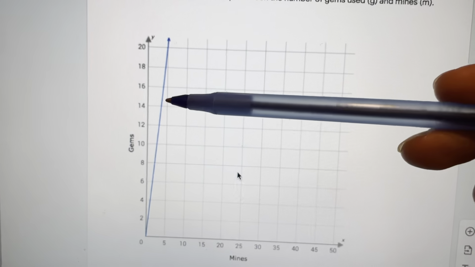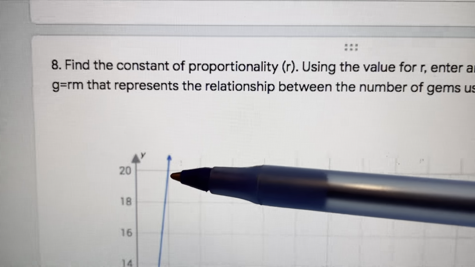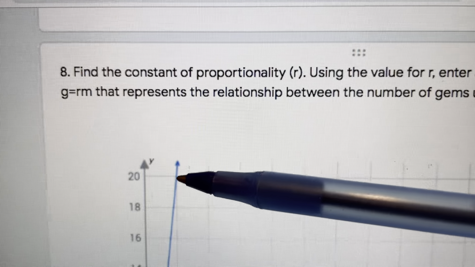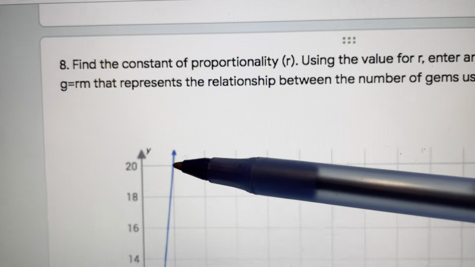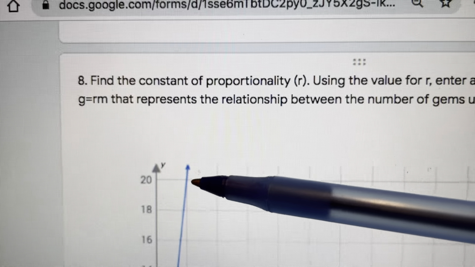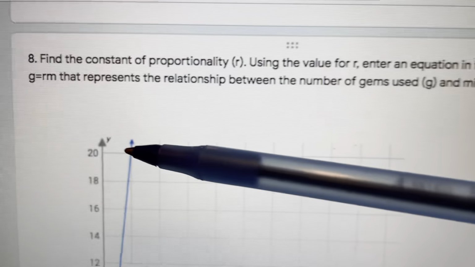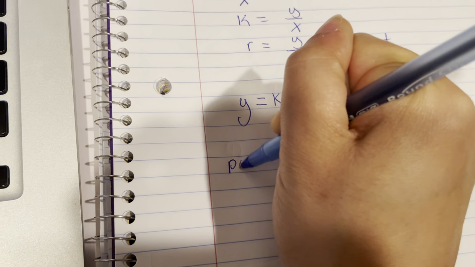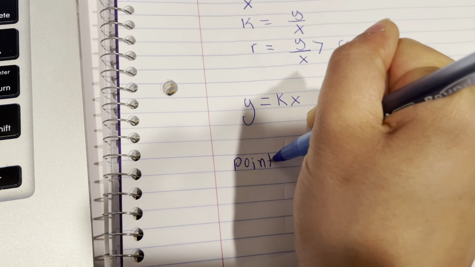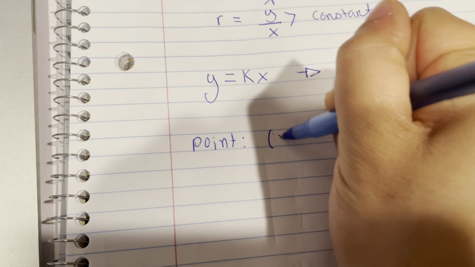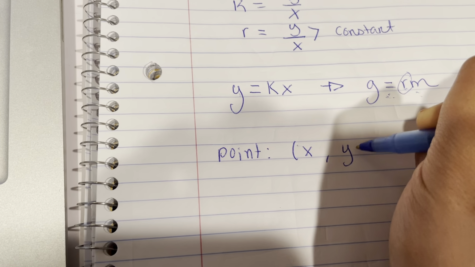So remember that a point on the line is literally where it hits the corners of the square. None of these are hitting the corners of the square except for right here, which means that is my point. That is the point that I need to use. So what is this point? Remember when we write our points, it's x comma y.